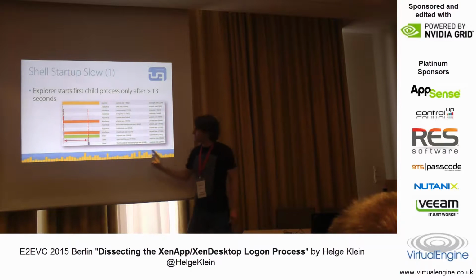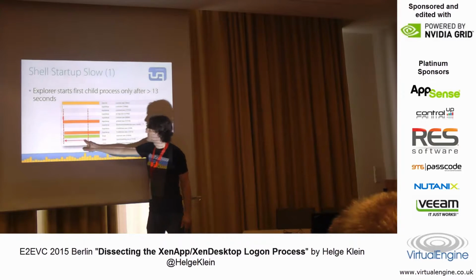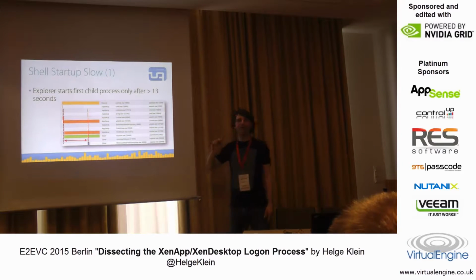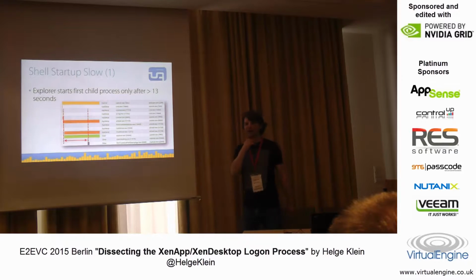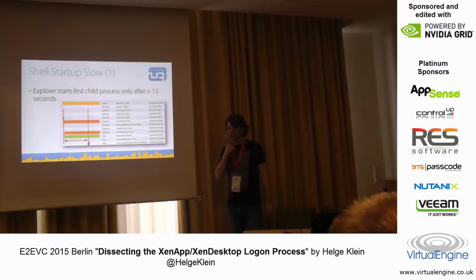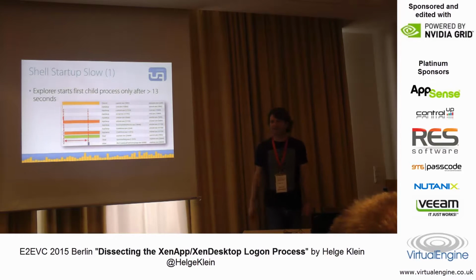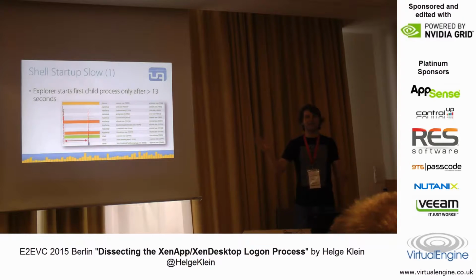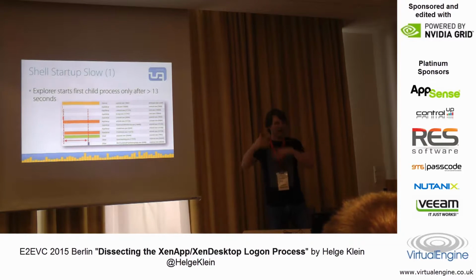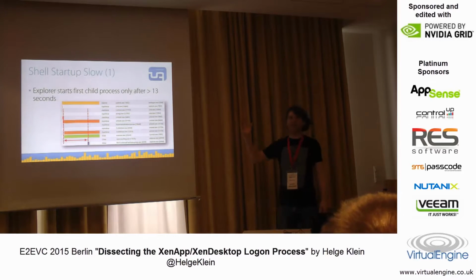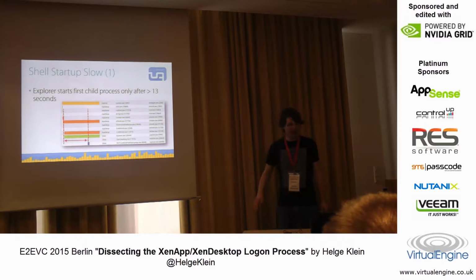But in this case, Explorer loads the first child process after about 13 seconds. I found that strange. And it also means that if you have Citrix Receiver installed, it will also only come up after about 13 seconds, so it does affect the end user.